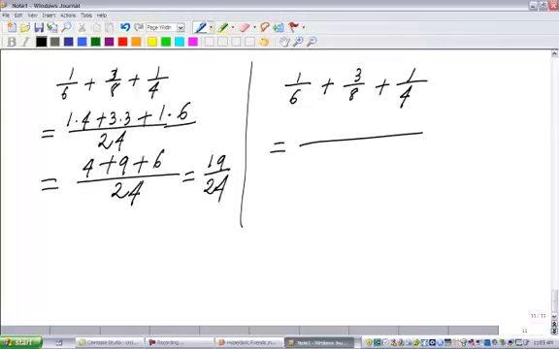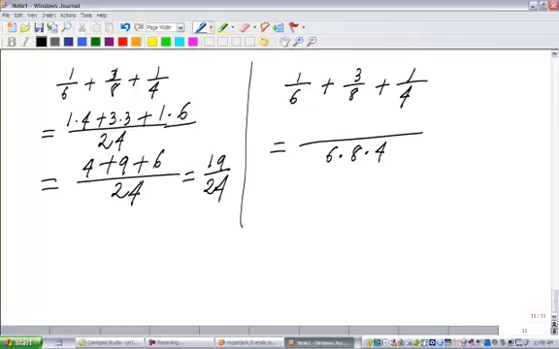If you know how to use the LCD, you only get 24 as the LCD. But if I'm doing it the other way, I'm going to take the denominator to be the product of all the denominators. So I'm going to get 6 times 8 times 4 as my denominator, right? Everybody's okay? Whatever that is.